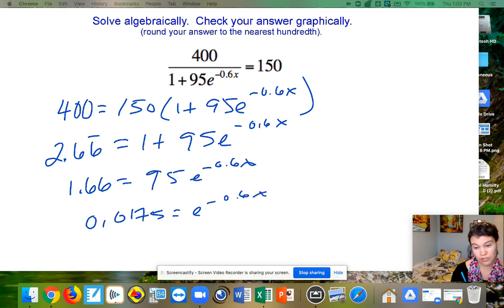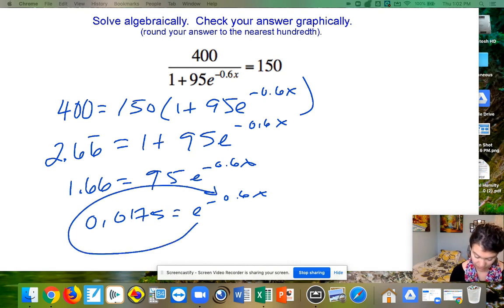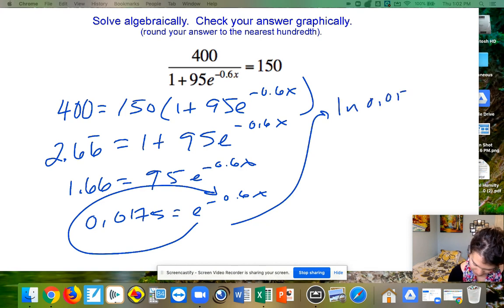And now I'm down to just one e, or one exponent, so I can rewrite it. So until you are at one exponent or one logarithm, you can't rewrite your equation. So this then becomes the ln of 0.0175 equals negative 0.6x.